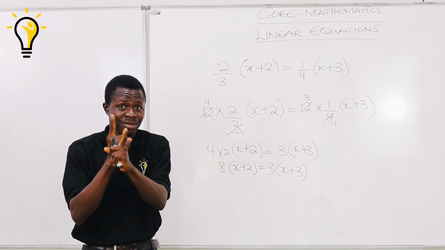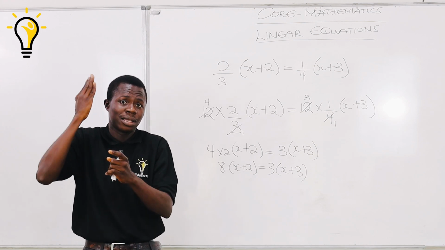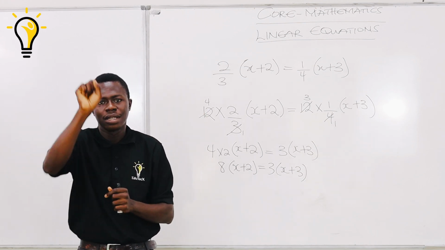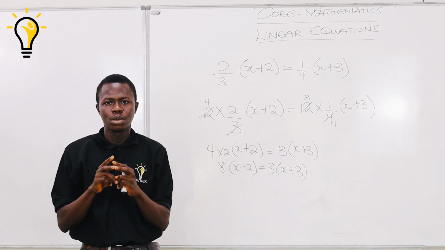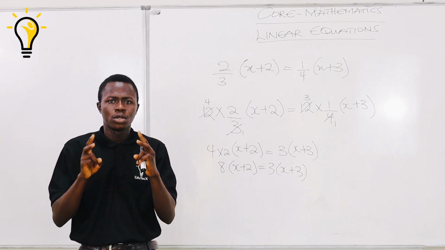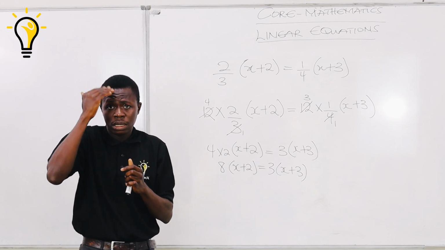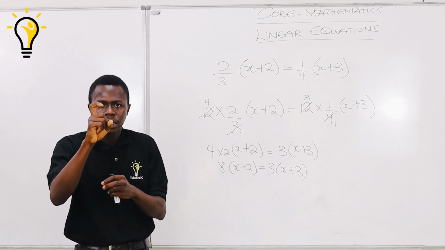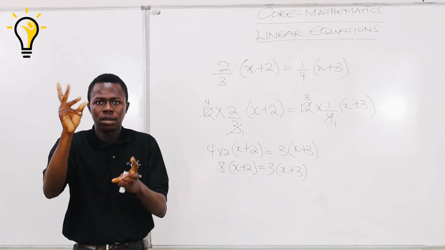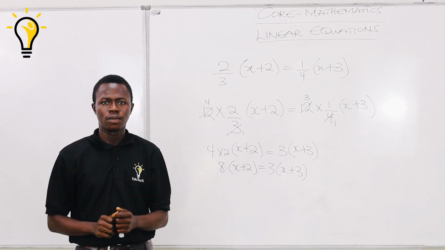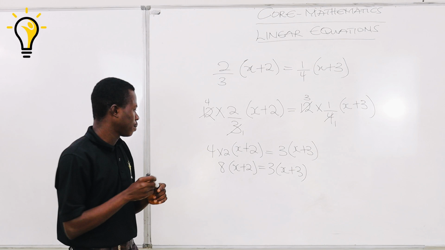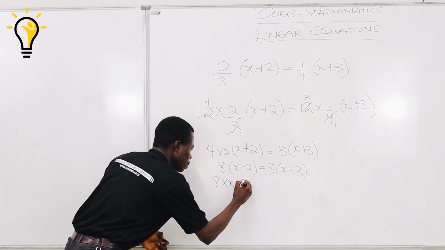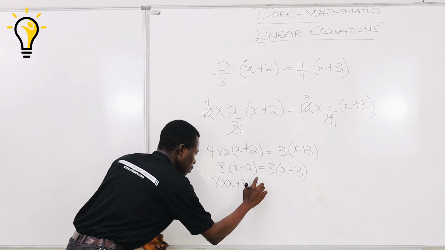So now the focus is on expanding the bracket just like how we discussed in the previous lesson. So let's try that as well. You know that 8 will multiply x and again multiply 2. So 8 multiplying x plus 8 multiplying 2.